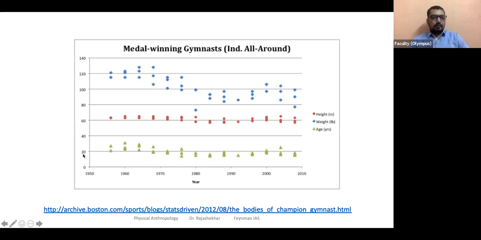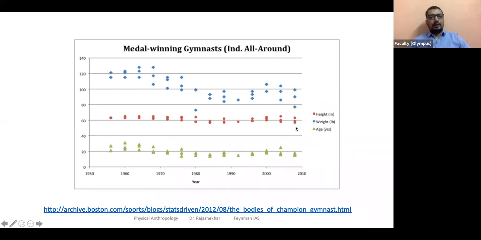This is based on a Boston blog where they talked about how champions' bodies are. We have only a narrow scope here, you cannot do much more now. Maybe we can use AI, artificial intelligence, to train people, because our brain can only think so much. Maybe AI can be used in sports training in future, maybe it is already being used for analysis.